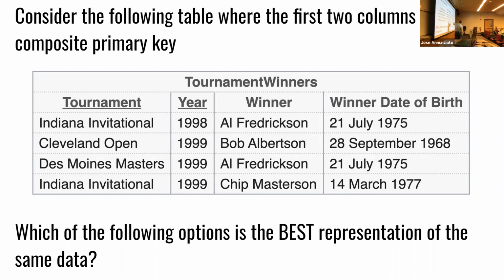So this one is dependent on the winner, meaning that if you know the person, then you definitely know their birthday. It would make no sense that for the same person you would have a different date. So there's a dependency between these two. The examples that I've used in class are things such as, if you know the model of a car, presumably you would also know its brand.